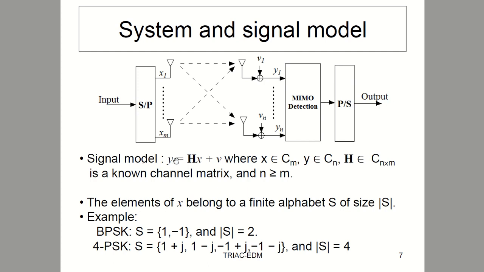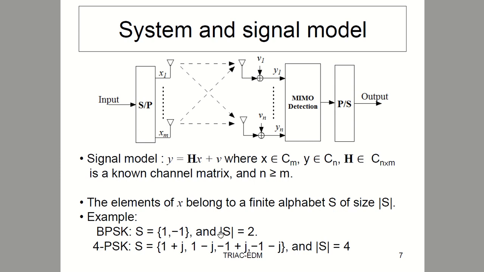And the signal model is y equals Hx plus v, where H is an N by M channel matrix, and N is larger than M. The elements of x belong to a finite alphabet of size S. So for example, if you use BPSK, you have size 2: plus 1, minus 1 as the signal set.